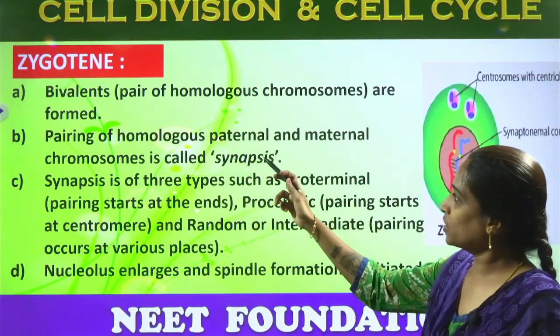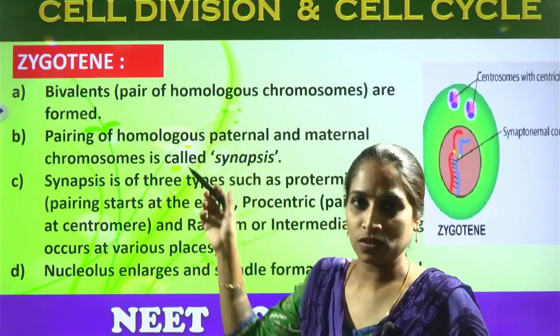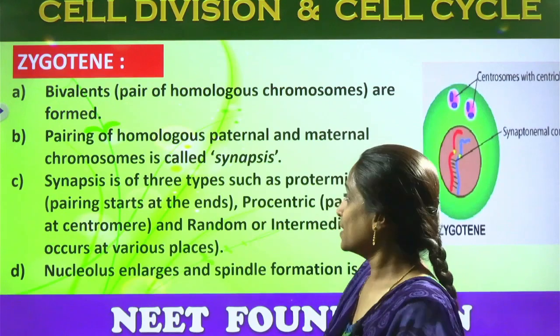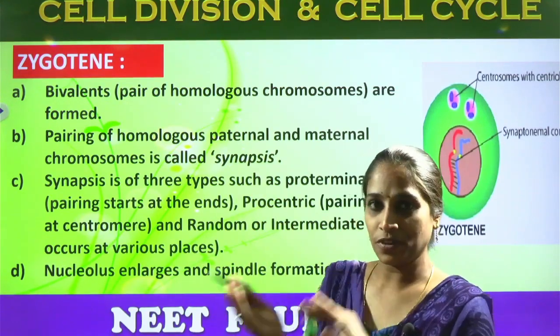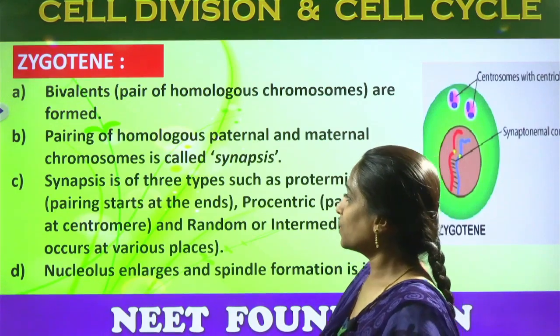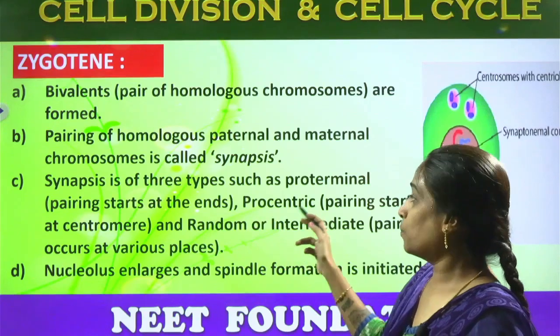Pairing of homologous paternal and maternal chromosomes is called synapsis. Where it joins is called synapsis. So through the synapsis, the materials will be exchanged from one to another, right? Pairing starts at the ends, which is the procentric pairing.